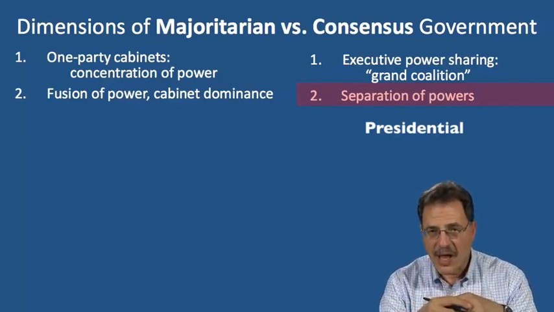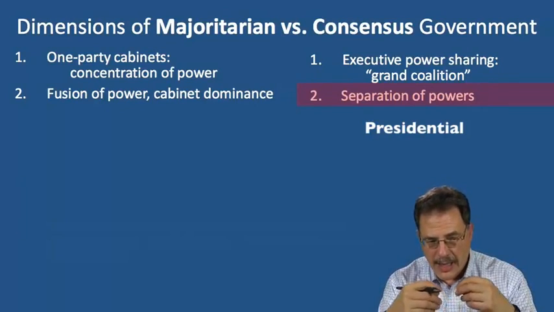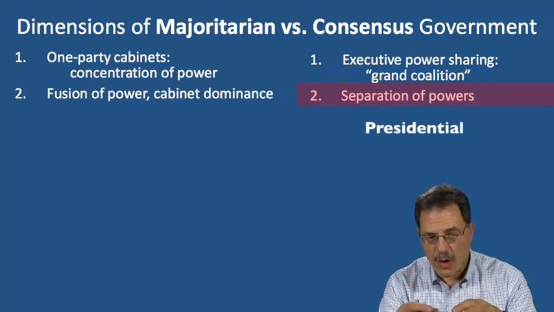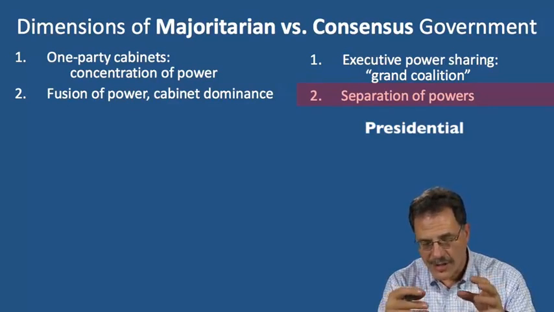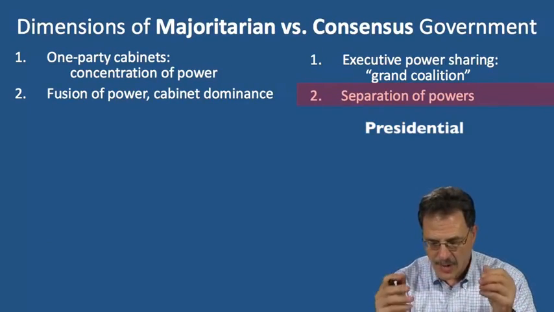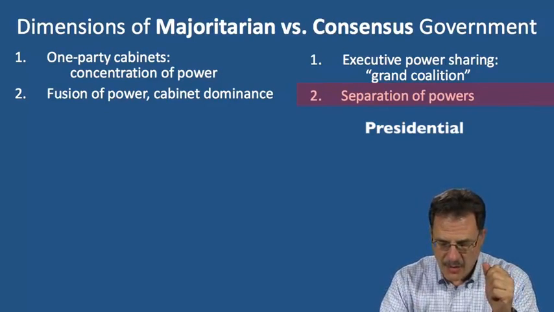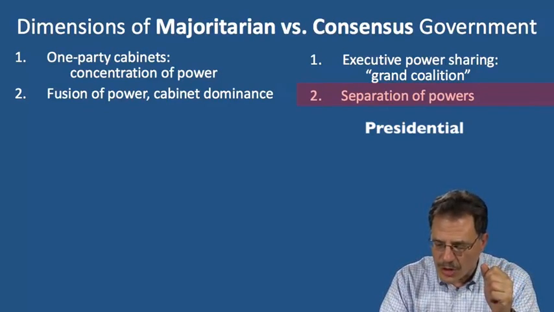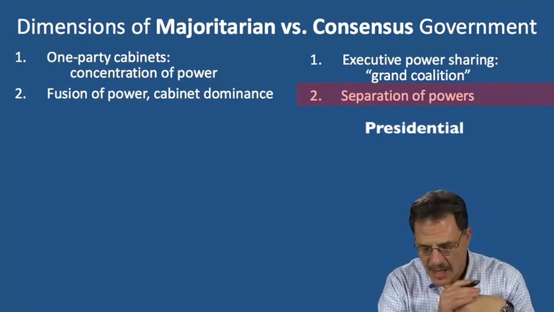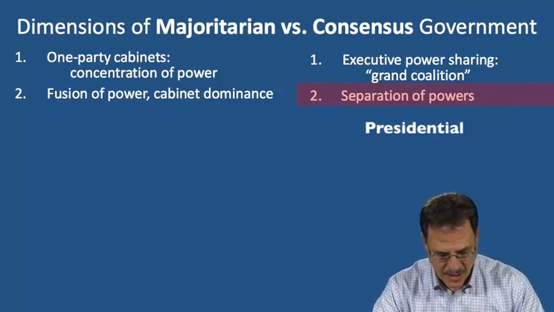And of course, there's plenty of opportunity for a different political party in the Congress to control one, or if it's a bicameral legislature, both houses of the national legislature. So this can create more diffusion of power in a presidential system than we may see in a parliamentary system.